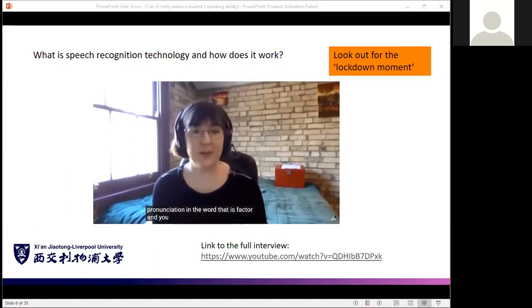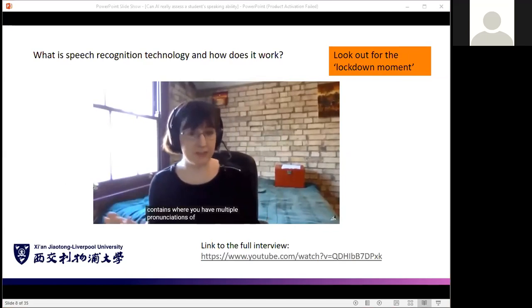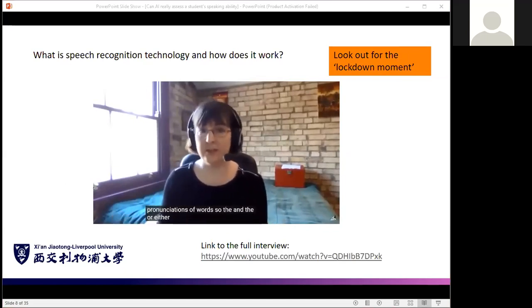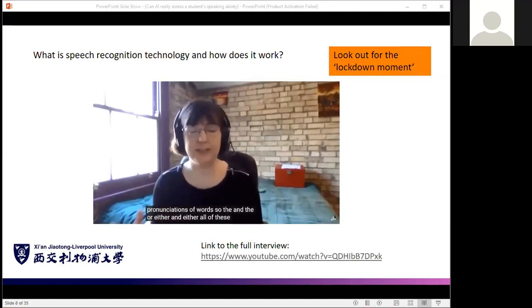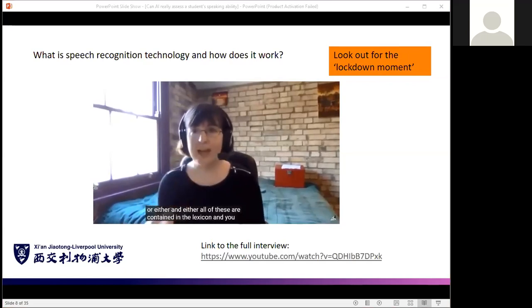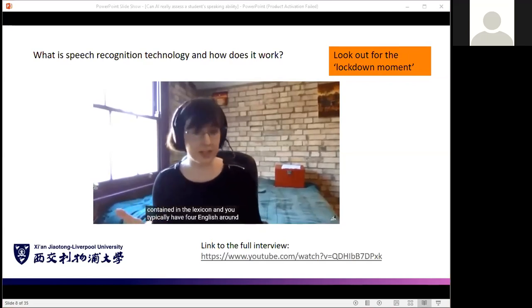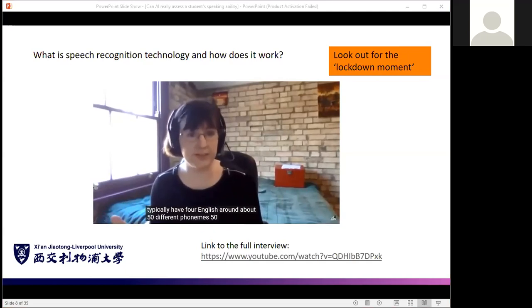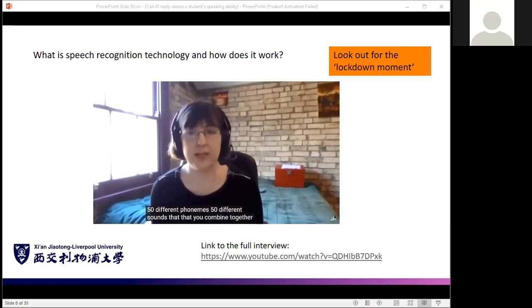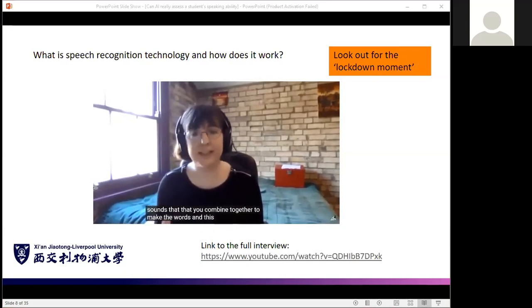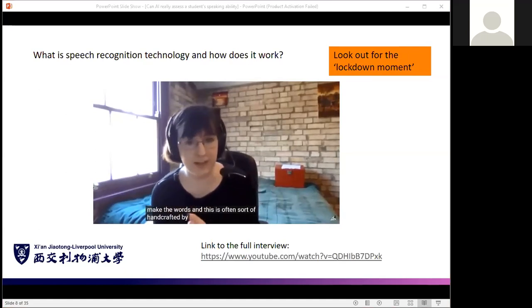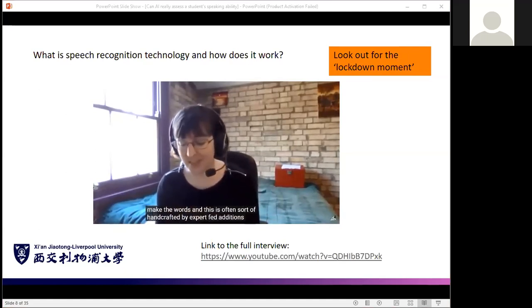You have a long list, and this contains multiple pronunciations of a word, like the and the, or either and either. All of these are contained in the lexicon. For English, you typically have around 50 different phonemes, 50 different sounds that you combine together to make the words. And this is often handcrafted by expert phoneticians.